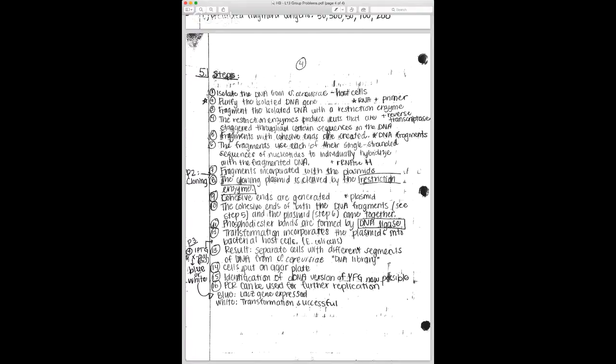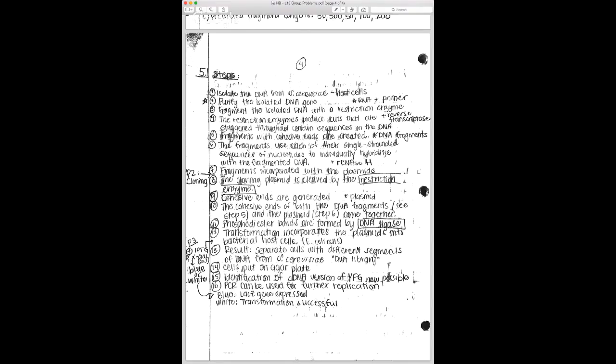So the first thing to generate the cDNA, you need to purify the mRNA, and then the next thing you do is mix the mRNA with the primer. And then after that, you add reverse transcriptase and the dNTPs, and that synthesizes the strand of the DNA.